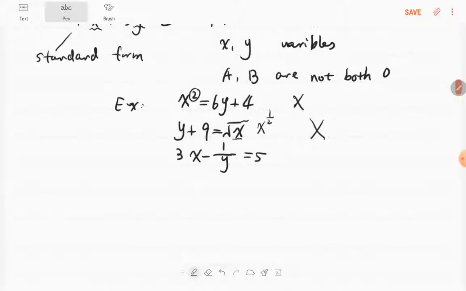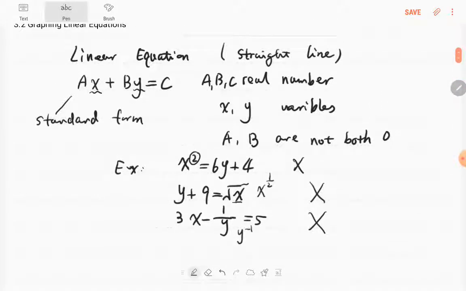If we write 1 over y in exponent form, that will be y to the negative 1. So it's not y, so it's still not a linear equation. When you check an equation, make sure you have x and y. Okay?